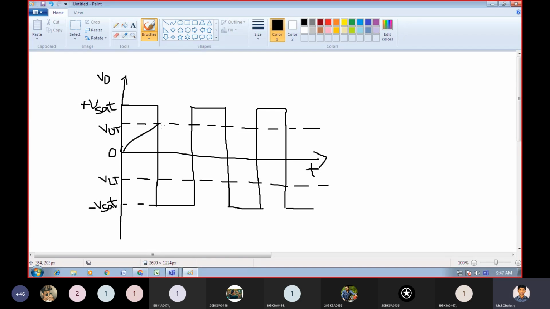It will discharge up to VLT and minus V saturation. Again the capacitor charges from VLT to VUT. Here the capacitor will charge actually from VLT to 0 first. After that from 0 to VUT it will charge.